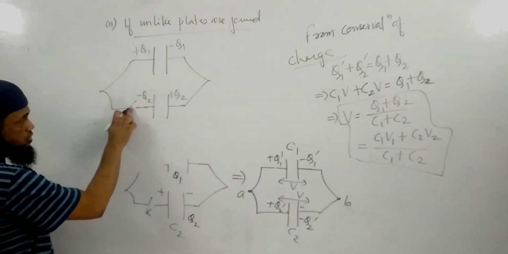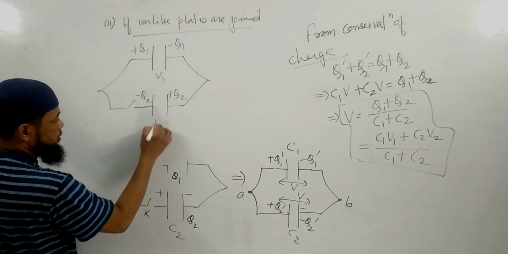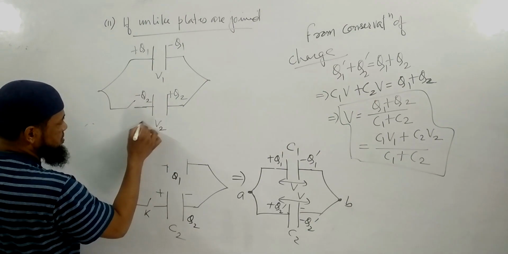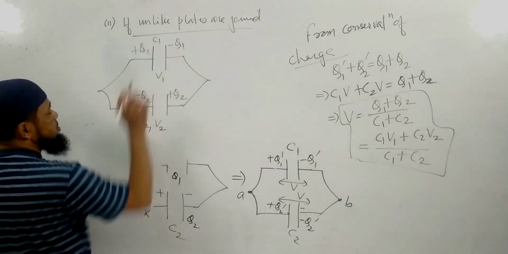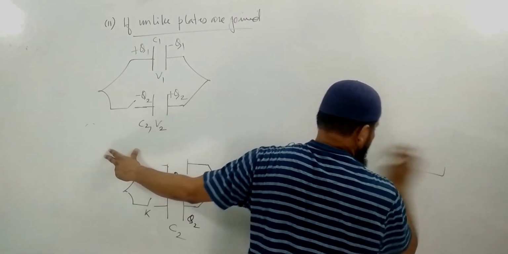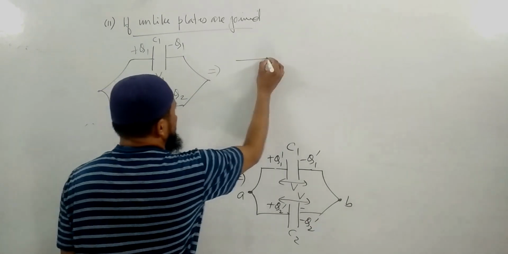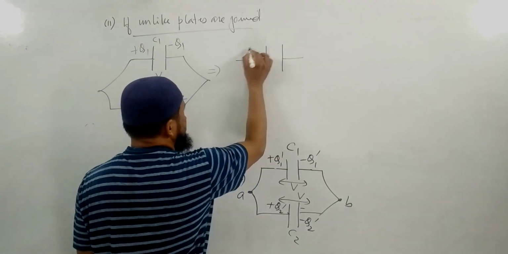As long as this switch is open, the potential drop across this one is V1, and across this one is V2. Capacitance here is C2 only, here capacitance is C1. Now what will happen as soon as we join it? When you join the switch, the charges will get redistributed.